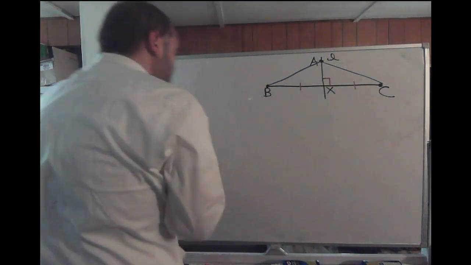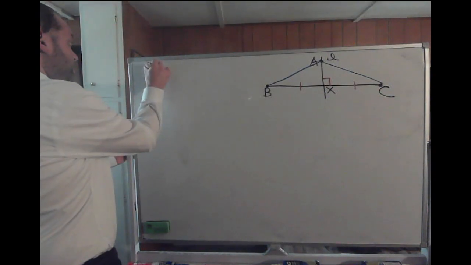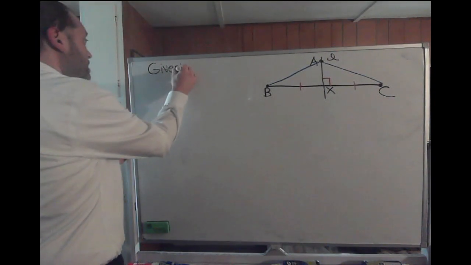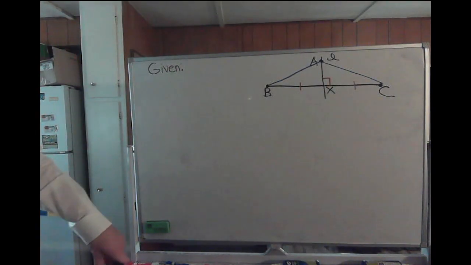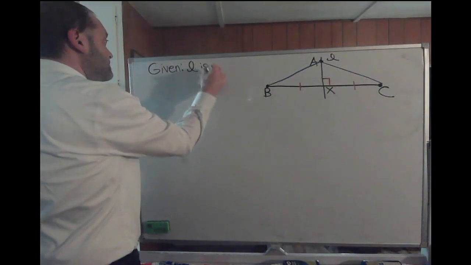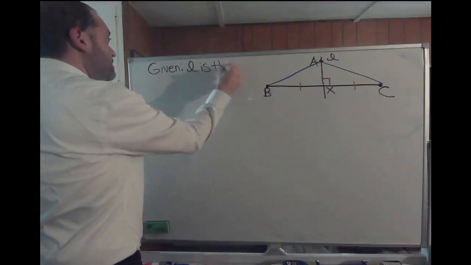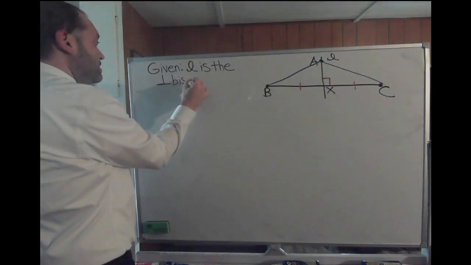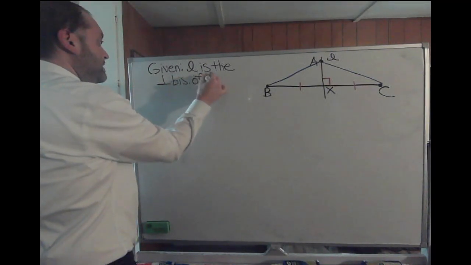So what we've been given to prove this theorem, we are given that L is the perpendicular bisector of BC.